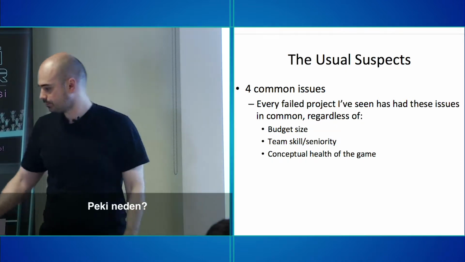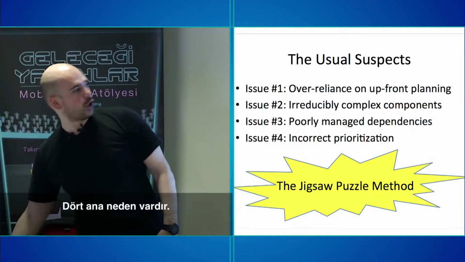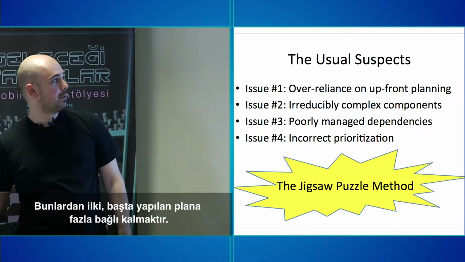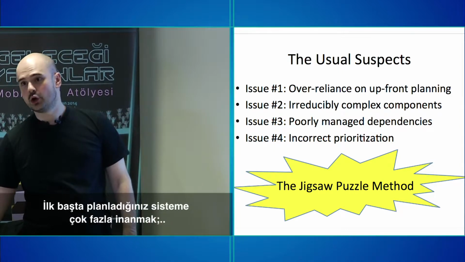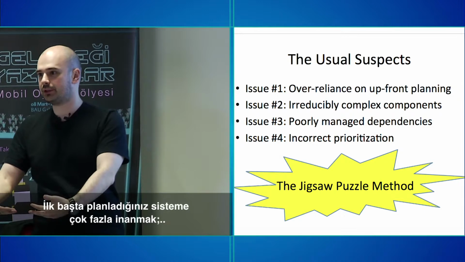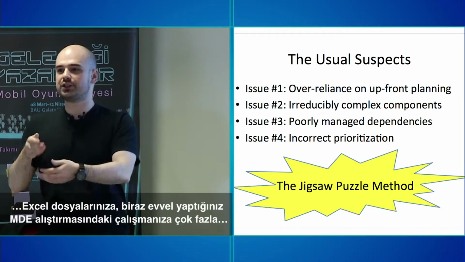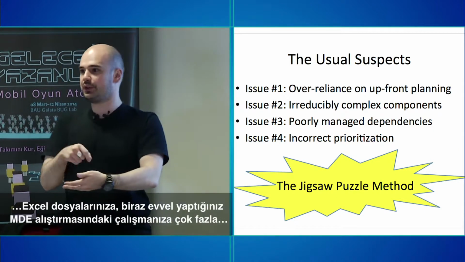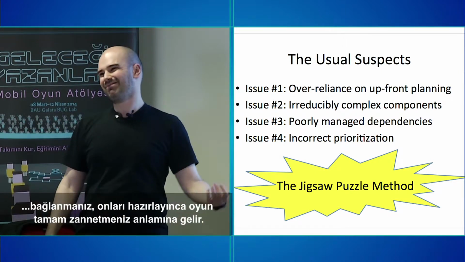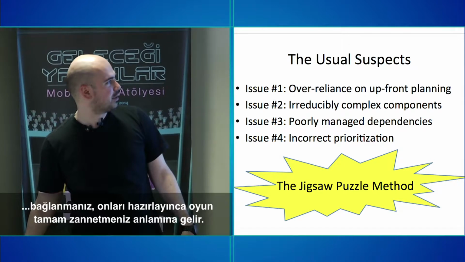And why? Well, like I said, there are 4 main reasons. Number 1, over-reliance on upfront planning. So putting too much faith in planning stuff up front, doing your little Excel spreadsheets, the exercise we did just before the break with the MDA stuff. If you were to do all of that and say, done, now the game is finished, that's over-reliance on upfront planning, obviously.